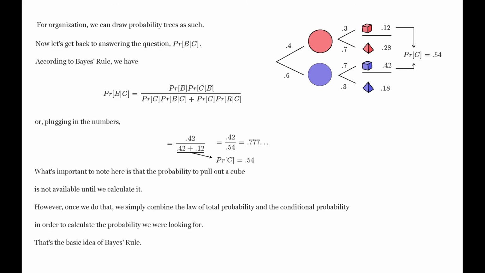However, once we do that, we simply combine the law of total probability and the conditional probability in order to calculate the probability we are looking for. That's the basic idea of Bayes' rule. Also note that, as suspected, nearly 80% it would have been a blue because we knew that it was a cube.